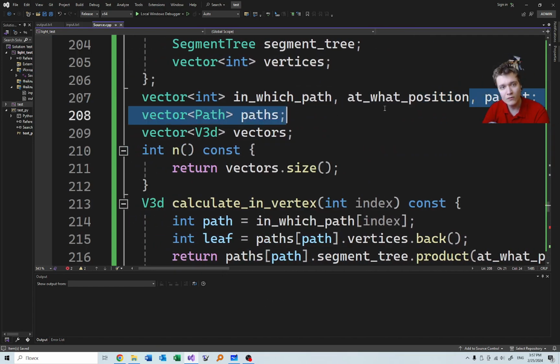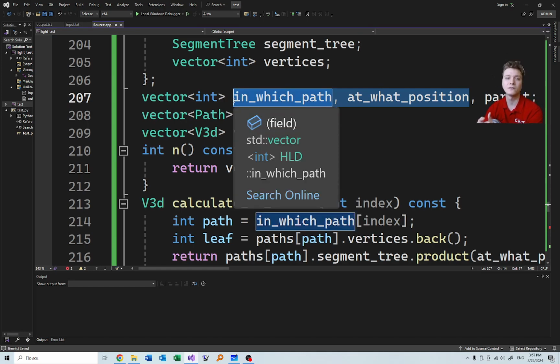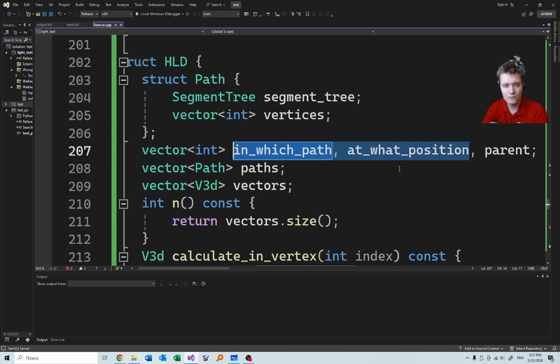We still don't know the paths because we still haven't constructed the heavy decomposition. So to do that, will we need a DFS? I don't know how it's best written.